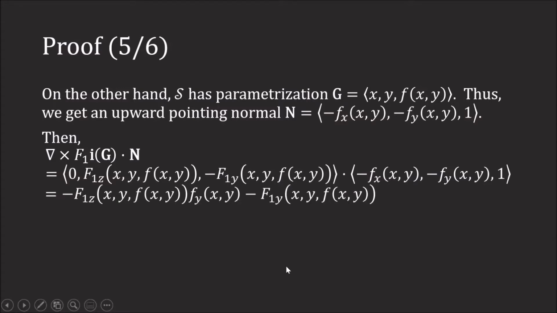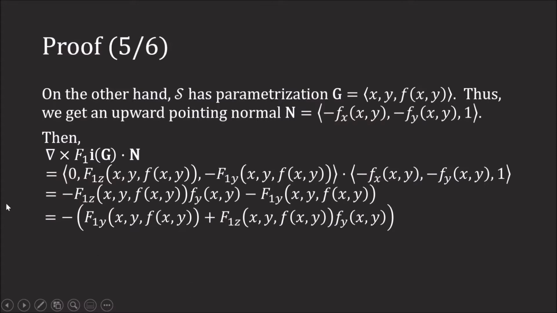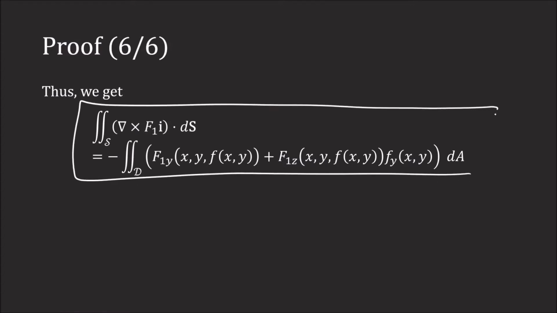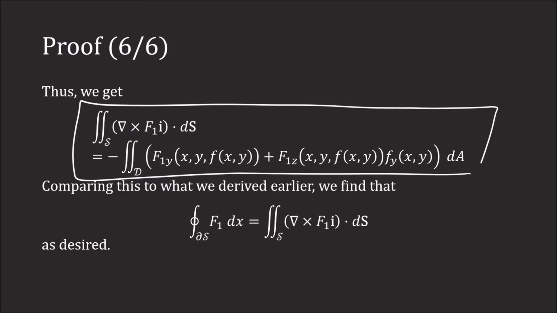When we do the dot product out, we wind up with this. So to evaluate surface integrals, remember the method we derived, we would get this double integral right here. And if you notice, this is the exact double integral we got with the circulation. So we can say the two integrals are equal, thus the equality holds, and the proof is complete.